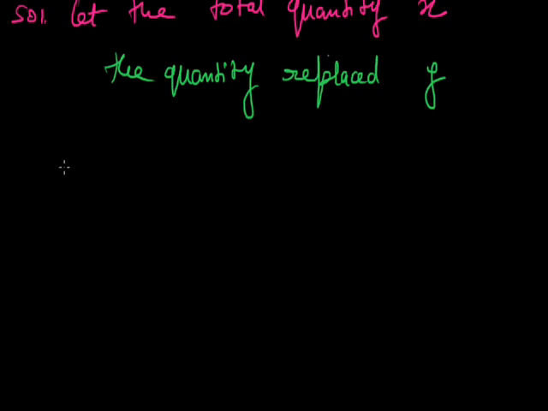Now according to the question, we had a solution which has 40% of the alcohol. So the total quantity was x. So 40 upon 100 x will be the alcohol in the first solution which we are having. Now we have removed y quantity of this solution. So we will subtract 40 upon 100 y.